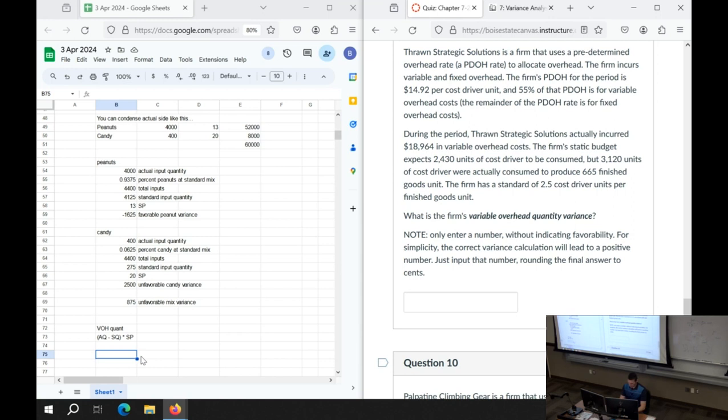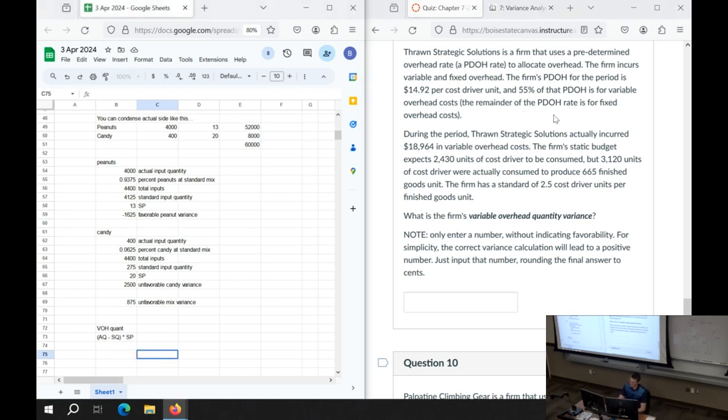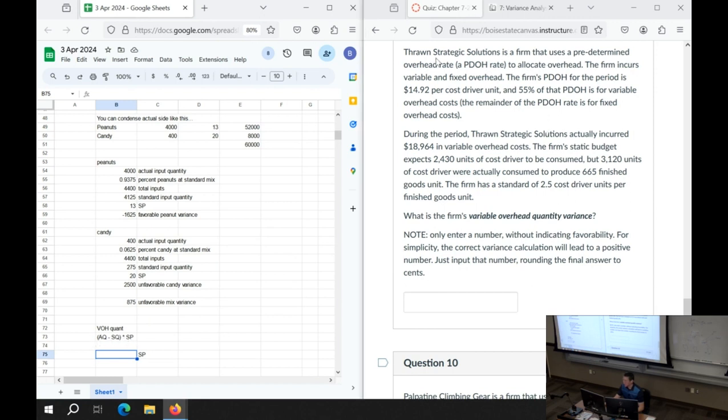So let's start with actual quantity. No, let's just read through the problem like normal human beings and start where we really should start. This question starts with price stuff and says we have a PDOH, which is our standard price for both types of overhead, and it's $14.92. We're going to be multiplying that by a percent. 14.92 is our overall PDOH, and 55% of that is for variable costs.